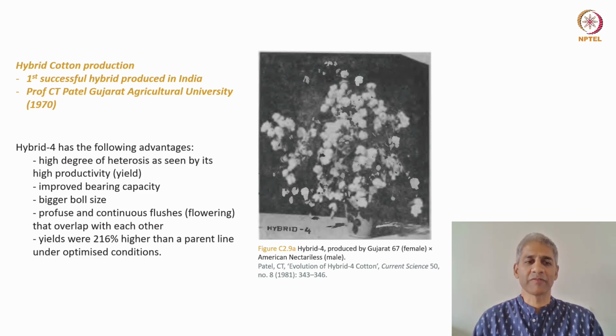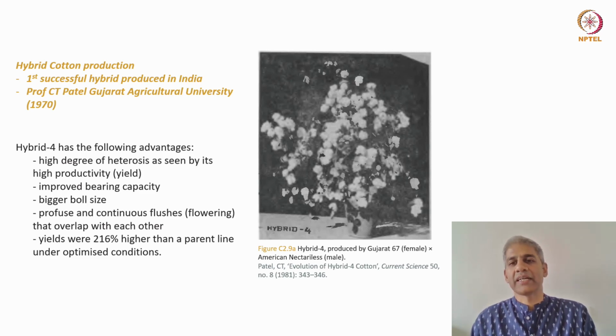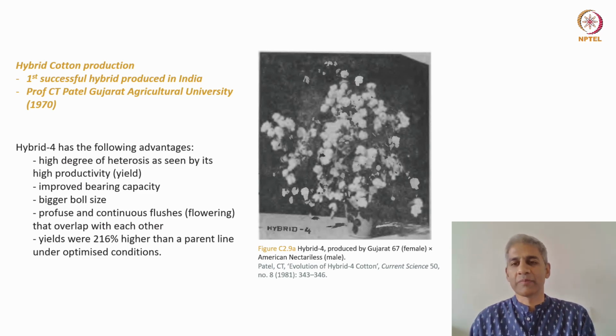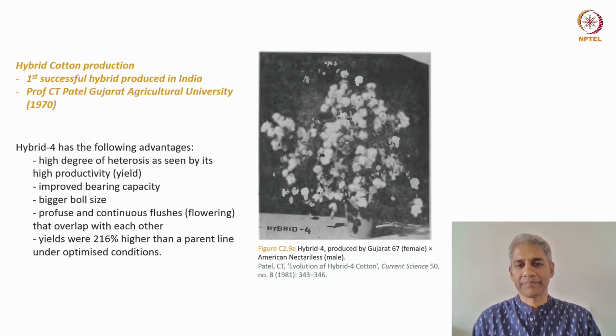And as I said before, the yield was found to be about 200% higher than a parent line. And so, with the development of hybrid 4 and then certain other hybrids which followed it in India and other parts of the world, cotton cultivation entered this new era.